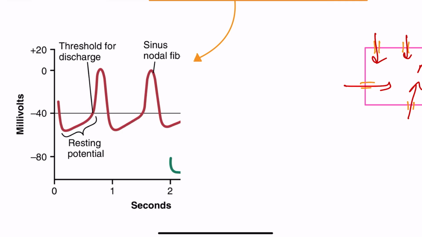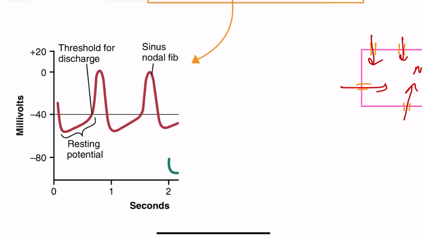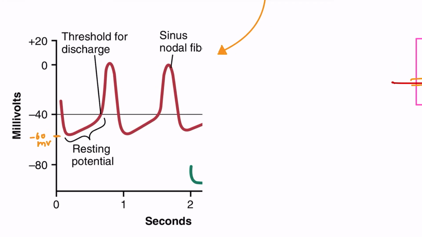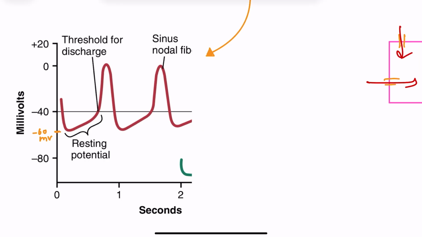If we see this graph, the red line here represents the electrical activities in SA node. Whenever the potential of SA node reaches minus 60 millivolt, that is this level, this is called hyperpolarization, and the HCN channel will open up. Sodium influx occurs in the SA node and then the depolarization begins.